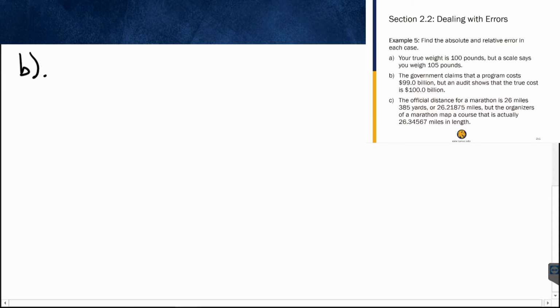For Part B, it says the government claims a program costs $99 billion, but an audit shows that the true cost is $100 billion. So what we'll do is we'll again calculate the absolute error by taking the claimed value minus the true value.